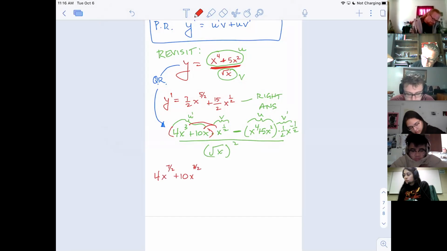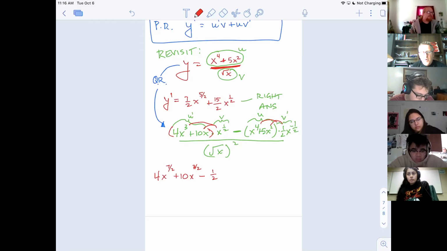So there's that. Then I'm subtracting, and then same thing happens. I've got to take 1/2 times both terms, distributive law. So 1/2 times 1, since there's a 1 in front of x to the 4th. 1/2 times 1 is 1/2. And then x to the negative 1/2 times x to the 4th. Again, you're adding those, so you have 4 plus negative 1/2.